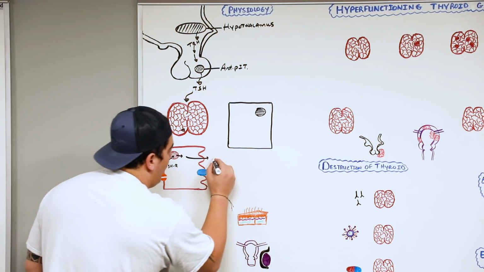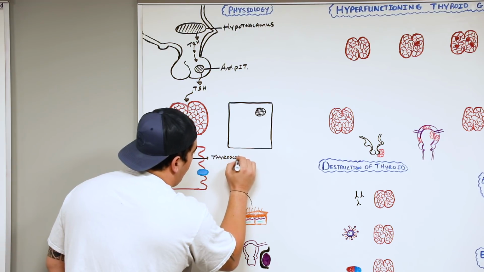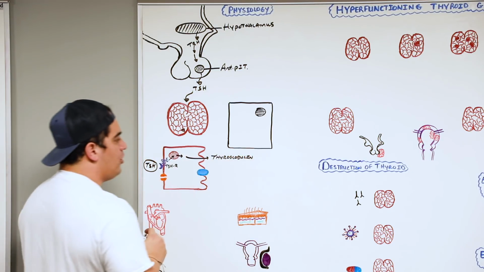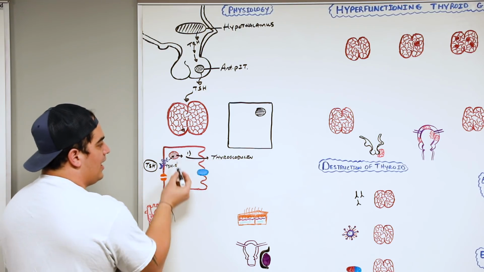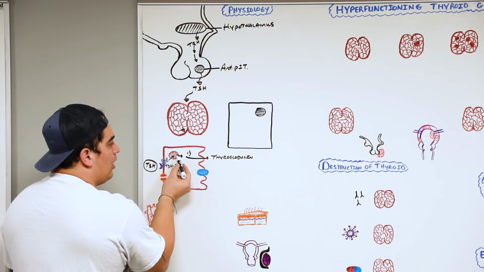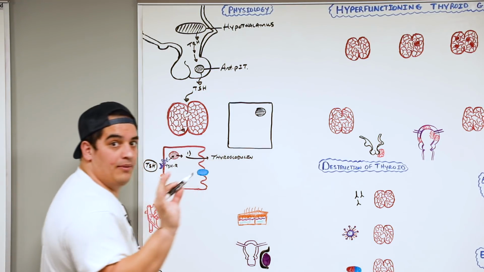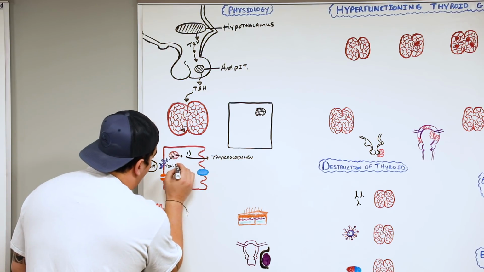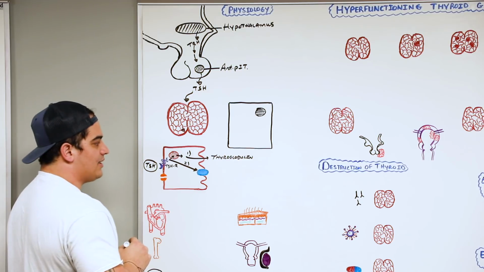That protein is called thyroglobulin. So the first thing TSH does is act on the TSH receptor and increase the expression of the gene that codes for thyroglobulin.